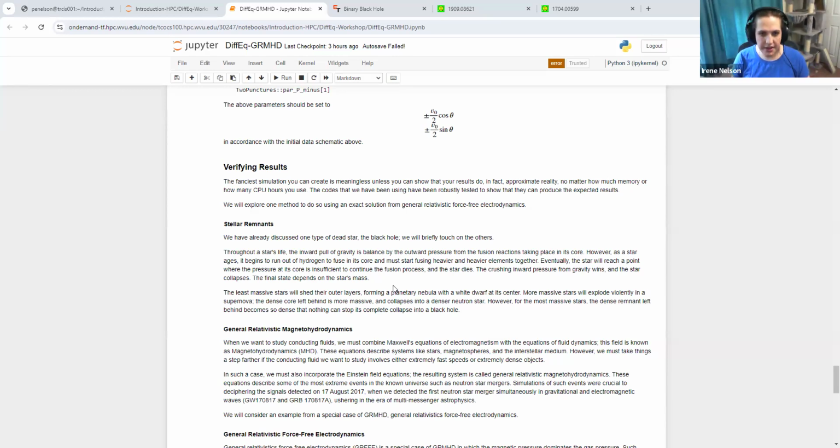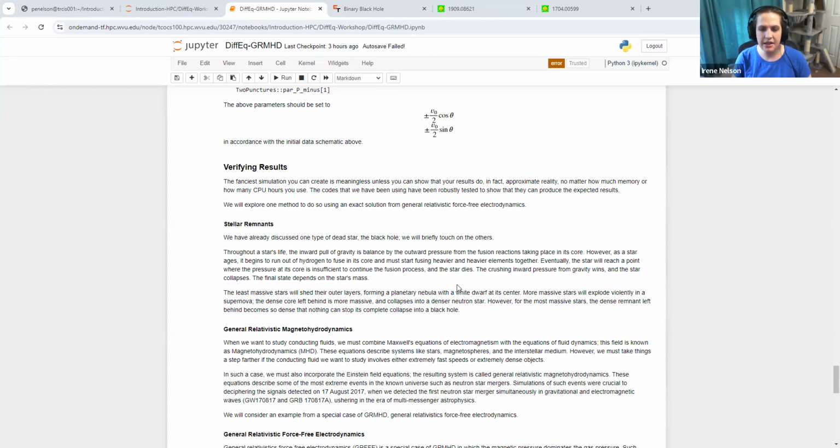So the codes that we've been using have all been robustly tested to make sure that they produce the expected results. And we've been using settings, initial data that we know are going to work pretty well. But let's talk about one particular method that we can use to show that the evolution equations as we program them are doing what they're supposed to.